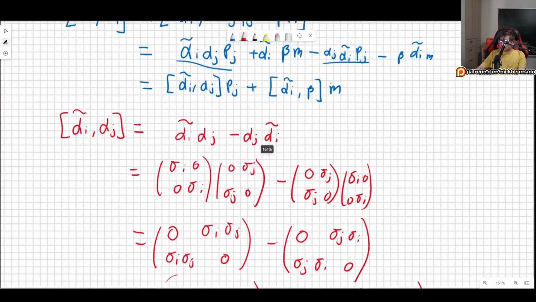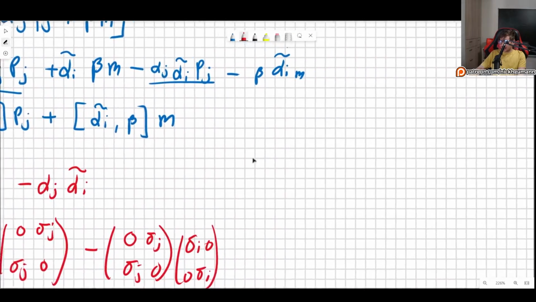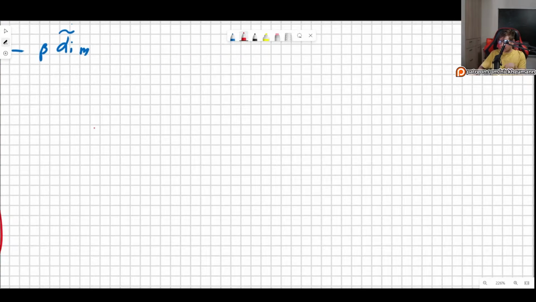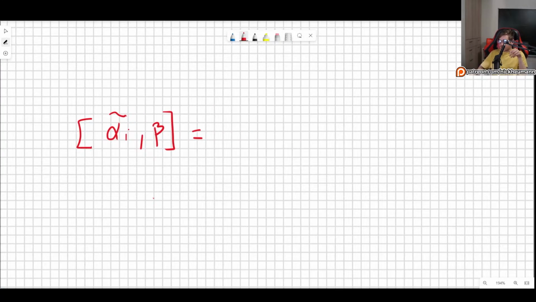Now we want to go for the next one, which is the commutator between alpha I tilde and beta. Alpha I tilde we already know: it is sigma I, 0, 0, sigma I. And what are the beta matrices?